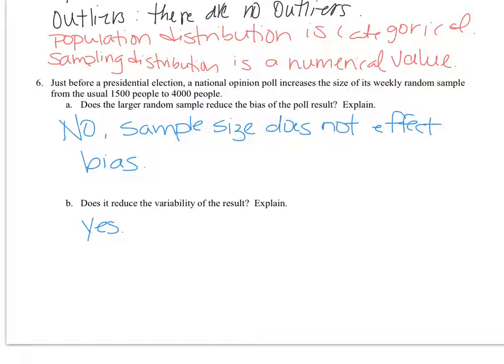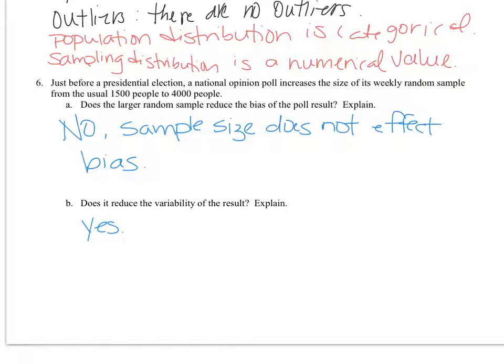One way to explain it is to think of the formulas for variability, which would be standard deviations. Each of those formulas is divided by n. So as n increases, and you divide by a larger n, the quotient, the result, is smaller and smaller.